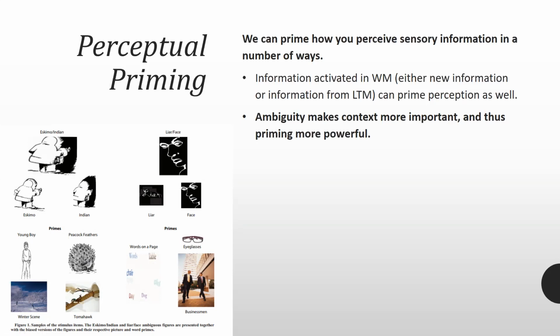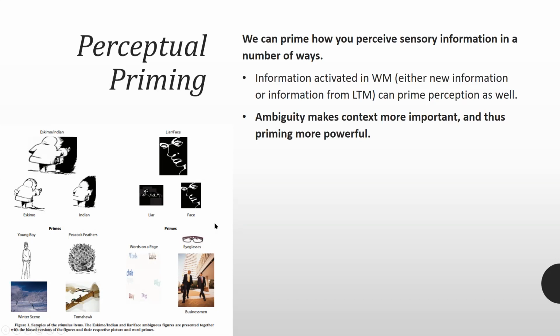And so by activating certain information in working memory, you influence how your perception interprets this information. The same thing for this ambiguous picture here. So some people are given words on a page, so they get used to reading words, whereas the other group would be given things that are associated, say, with a face, say eyeglasses or a businessman.